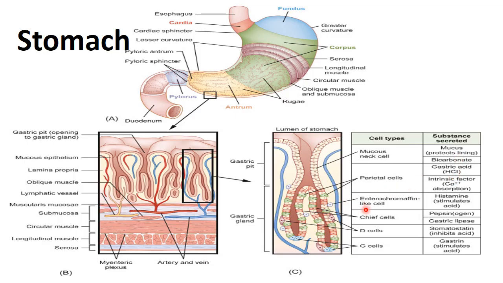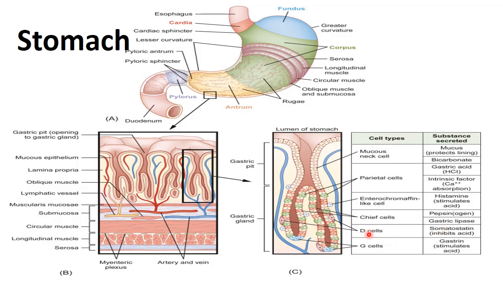The next type of cells are called enterochromaffin-like cells that produce histamine. Another type of cells are called chief cells, or peptic cells, or zymogen cells, which secrete an inactive enzyme called pepsinogen, and another enzyme called gastric lipase, which are helpful for the digestion of protein and lipids respectively.